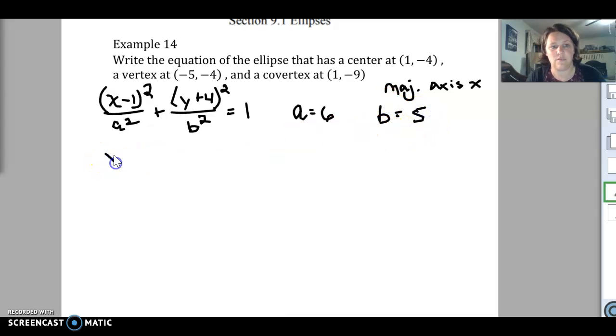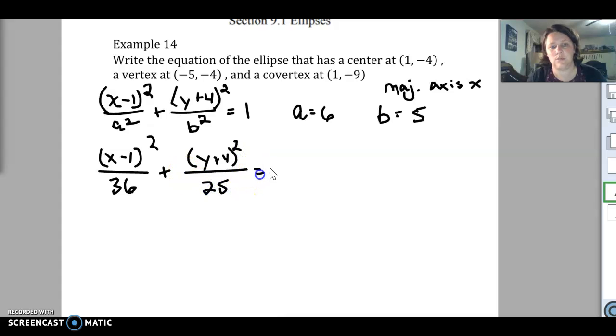And so we have (x minus 1) squared over 36 plus (y plus 4) squared over 25 equals 1. And that's all for section 9.1, part 1.